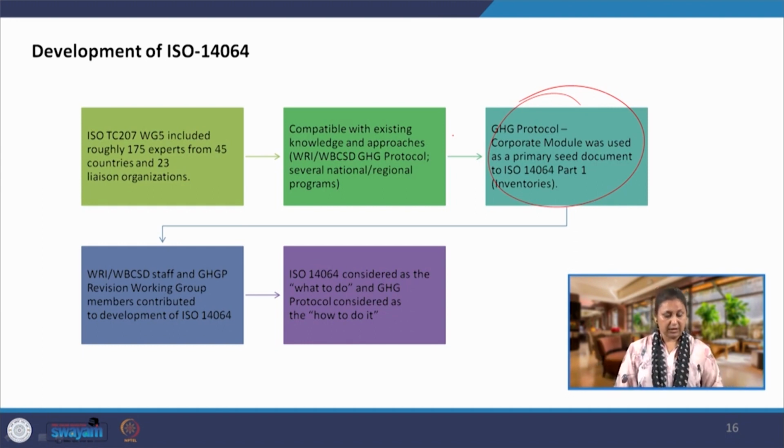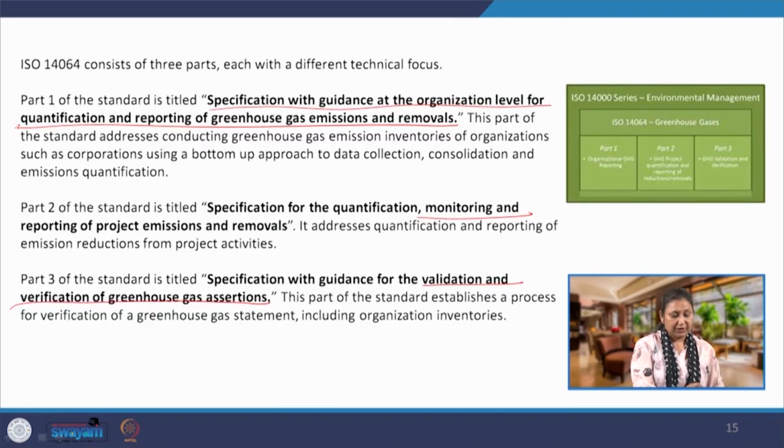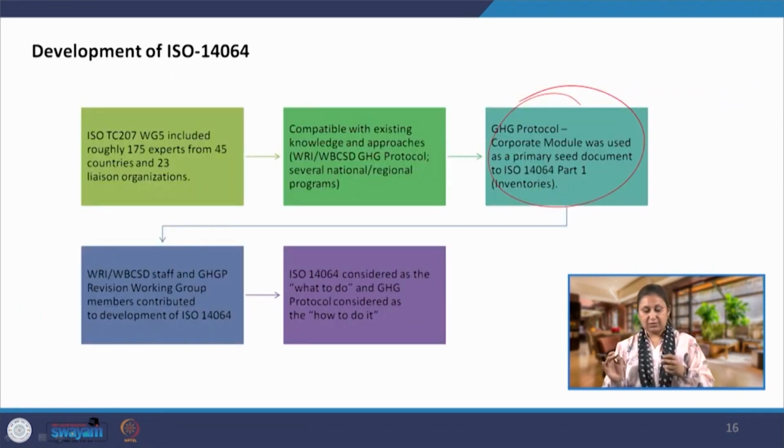So, when we are talking about quantification and reporting, we are actually talking about the inventories here. The inventories were taken from the GHG protocol, the corporate standard, and that served as a seed document.